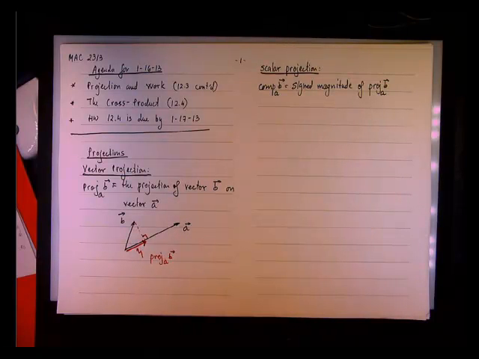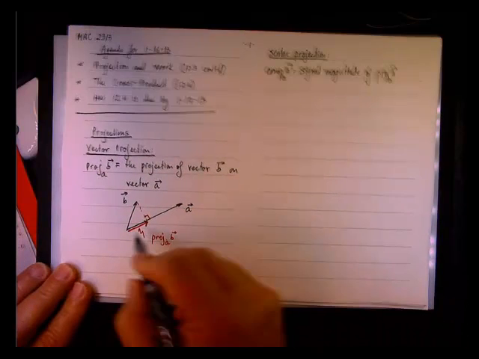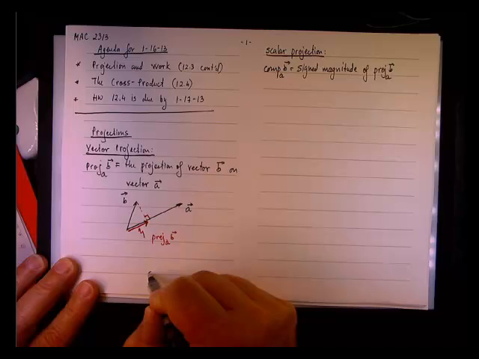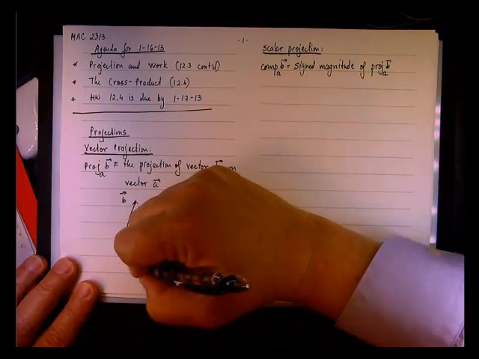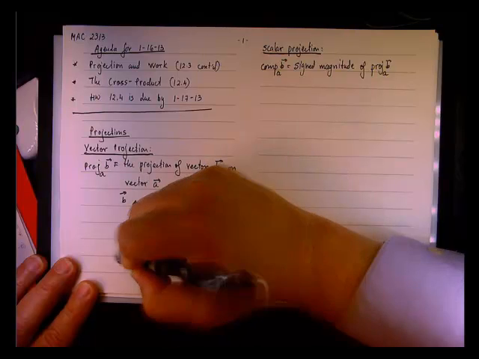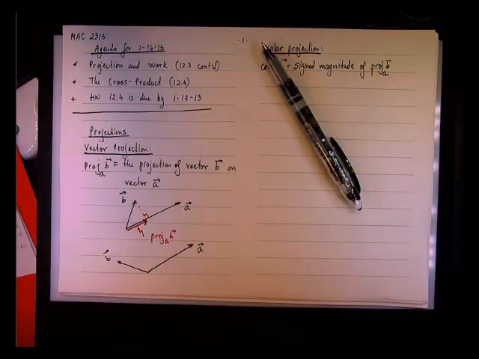The magnitude is always a positive quantity, but this projection can apply to a case where we have an obtuse angle between the two vectors, like so.